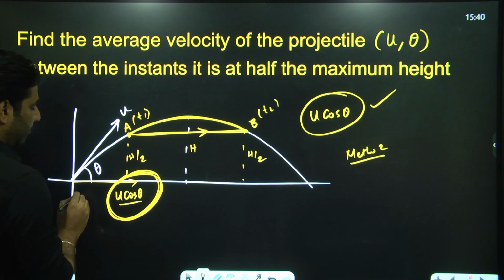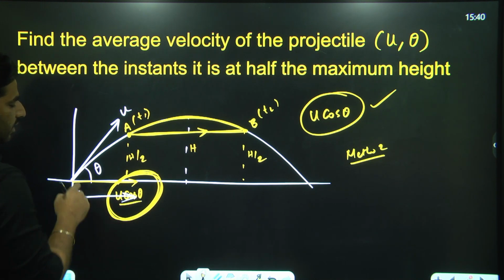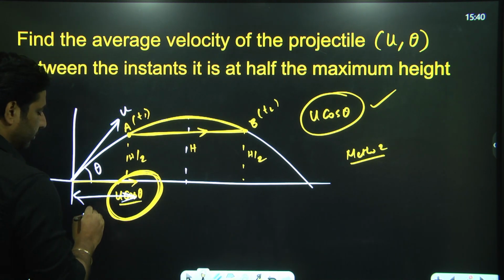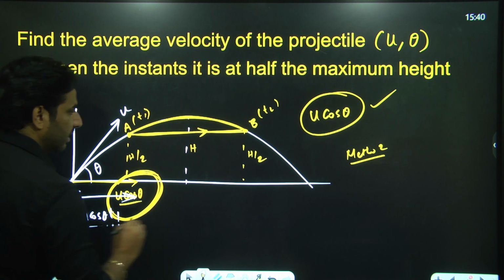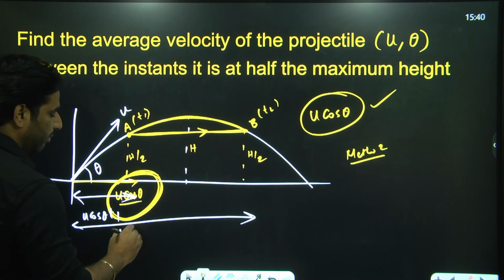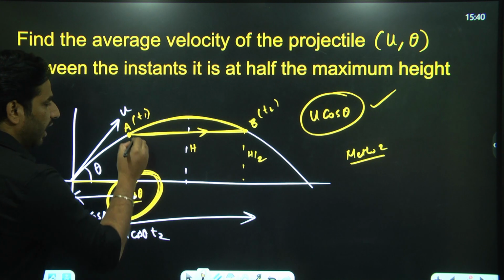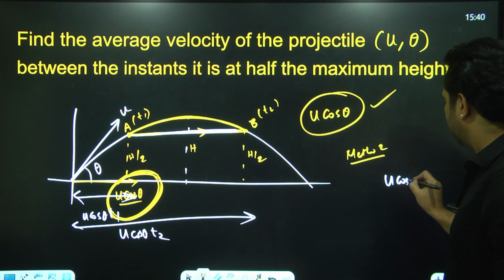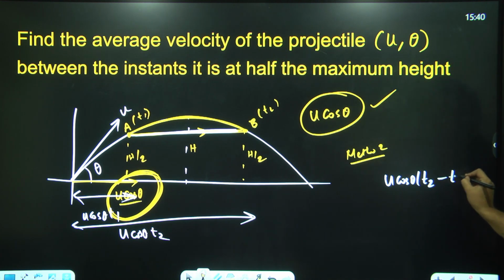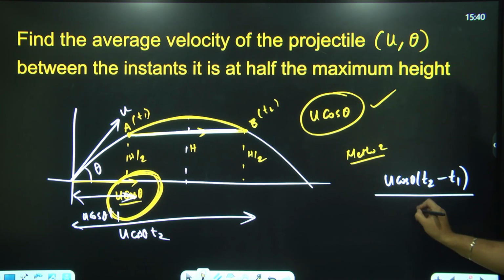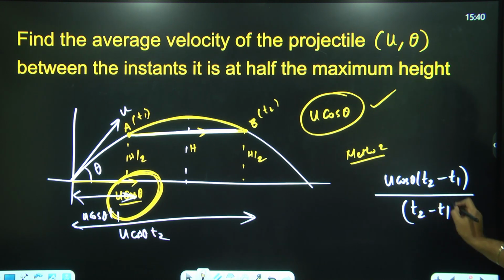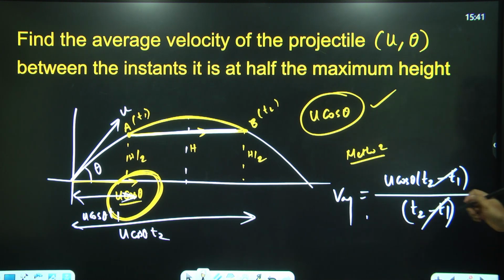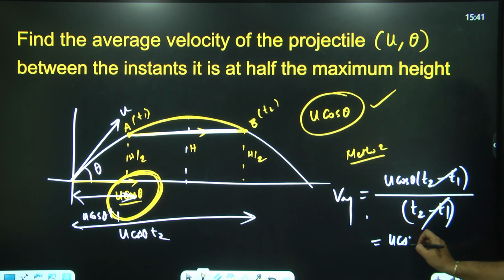The horizontal displacement covered to reach point A is u cos theta into t1, and the horizontal distance covered to reach point B is u cos theta into t2, and the displacement between these 2 points is simply u cos theta into t2 minus u cos theta into t1. This is the total displacement by total time, that is t2 minus t1, which is the average velocity in the horizontal direction, and I am left with simply u cos theta.